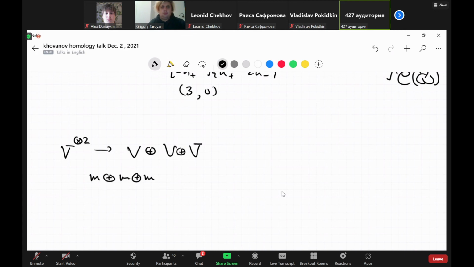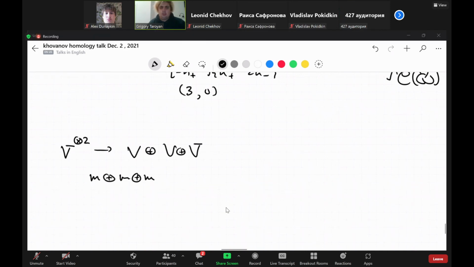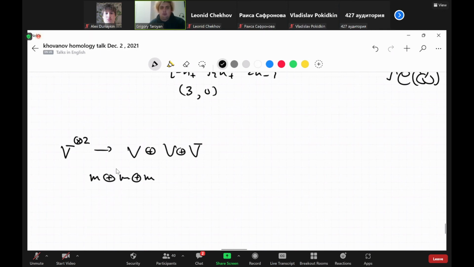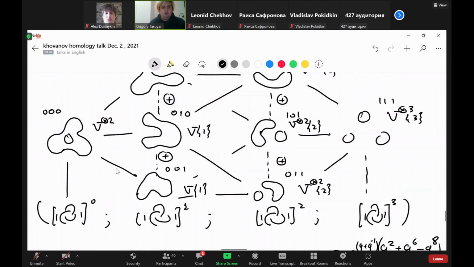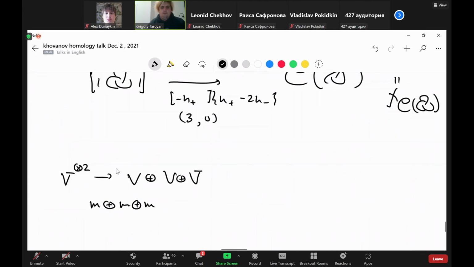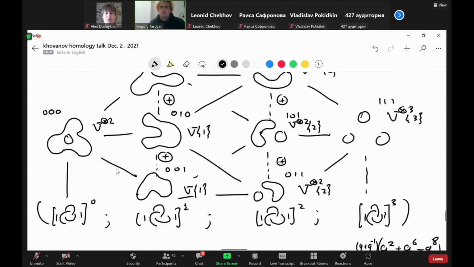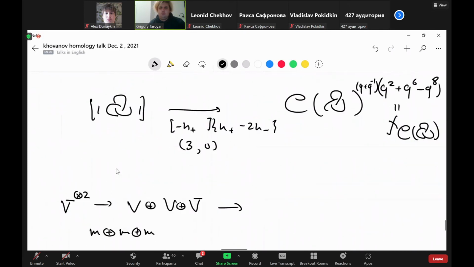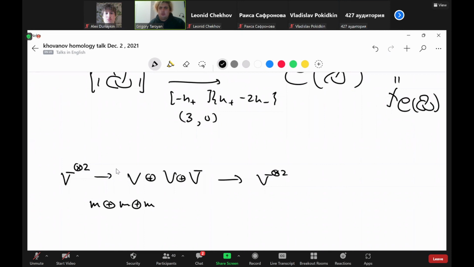Because the tail of each edge is the same vertex and it has degree 0, as can be seen here. So that's the map here. Then we have 3 tensor squares.